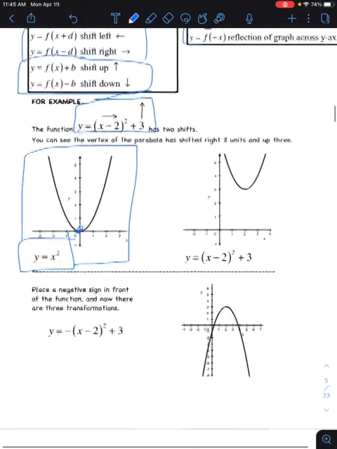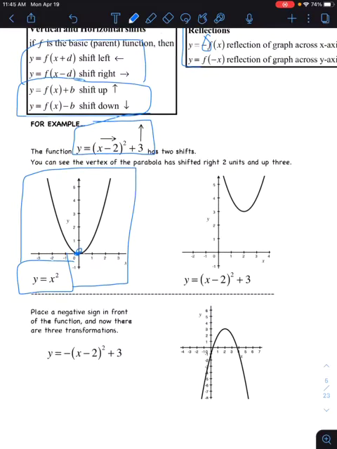According to the notes up above, x minus a number in parentheses means it would shift right. So that has a shift right of 2. And then notice right here, we have a +3 at the end. That would be this guy here. A +3 by itself at the end would also shift up 3 units.